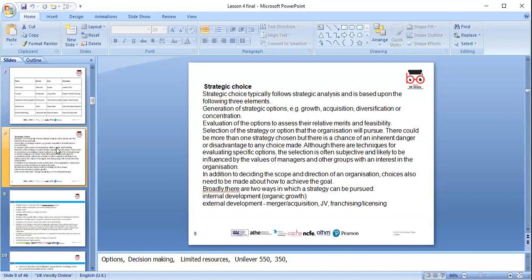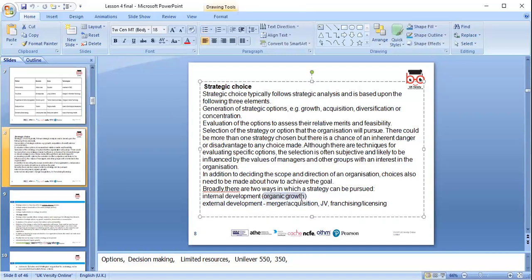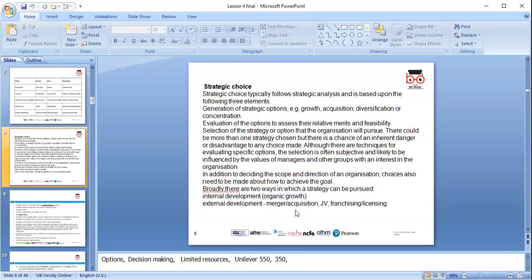Yes, the choices need to be made about these, and broadly there are two ways in which strategy is pursued: internal development, organic growth. If you develop your business internally, whatever you are doing, you add more products and carry on developing. Or external development: merger, acquisition, joint venture, franchise, or licensing.